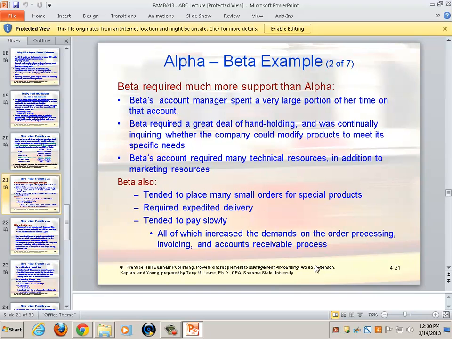Support: the account manager spends a very large portion of time coming with all kinds of different requests, technical resources.